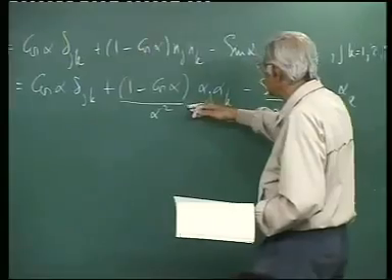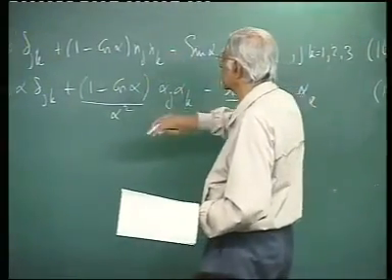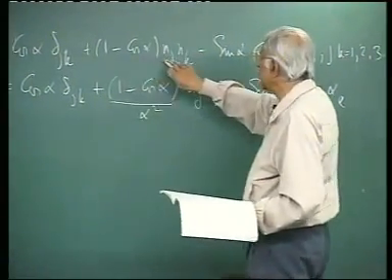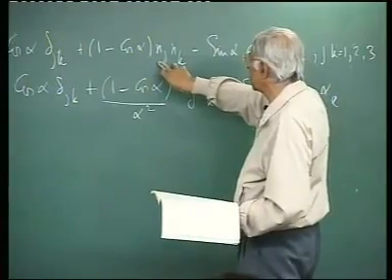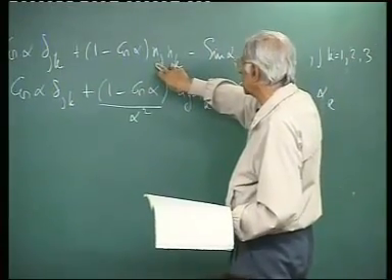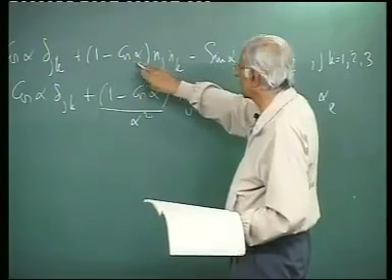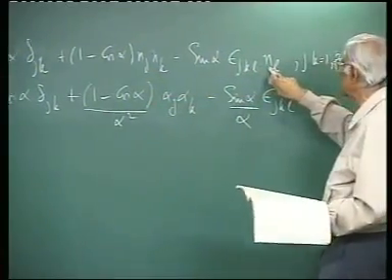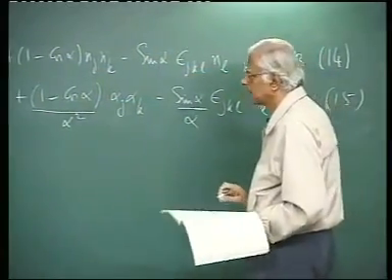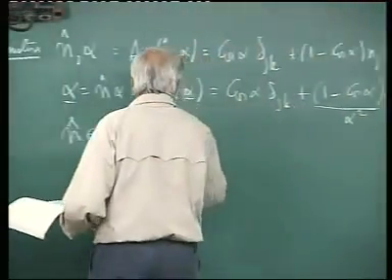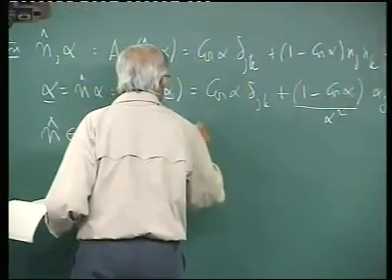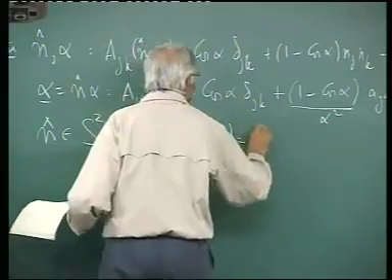I'll sometimes use the second form, sometimes the first form. You can see that this part is quadratic in n, and it involves the cosine. This part is linear in n, it involves the sine. So this is a formula which you can easily check.